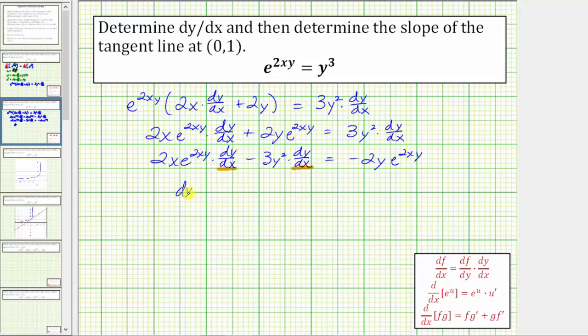So we'll have dy/dx times the quantity 2x e^(2xy) minus 3y squared equals negative 2y e^(2xy). And now we can solve for dy/dx by dividing by this difference. So we'll divide both sides by 2x e^(2xy) minus 3y squared.